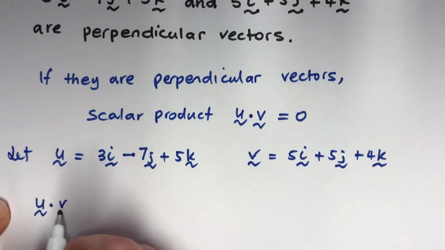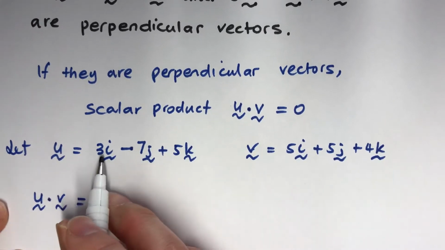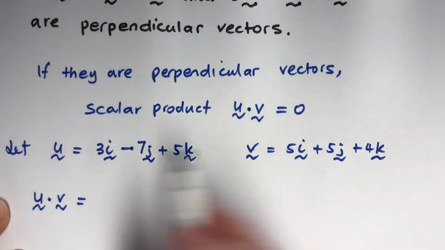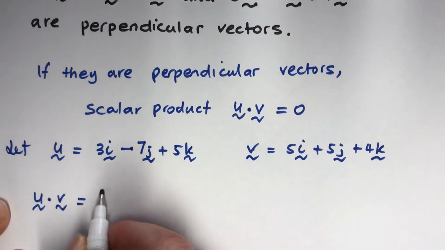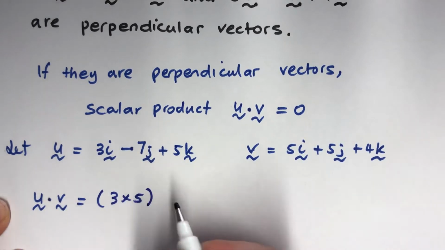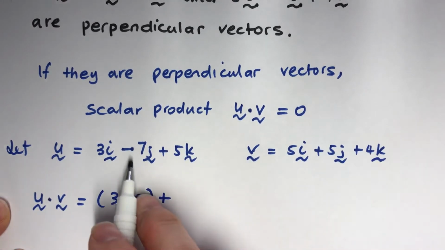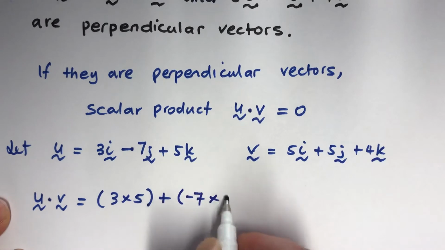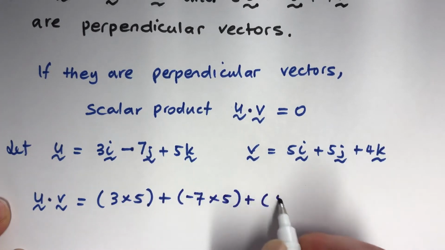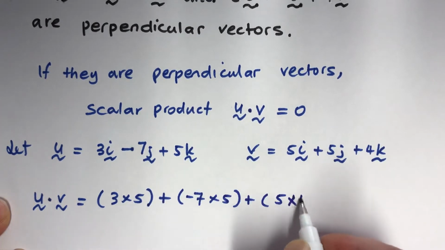Dot means times. Don't forget, don't times the i's together, just the numbers. 3 times 5, and then plus minus 7 times 5, plus 5 times 4.